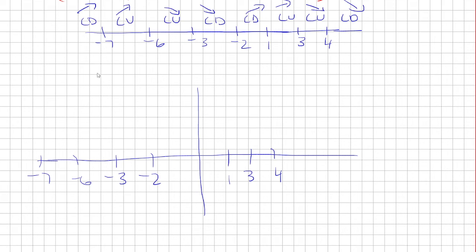So let's see, from negative infinity, we're increasing and concave down. From negative 7 to negative 6, we're still going to be increasing, but we're going to be concave up. Something like this. And at negative 6, we have a maximum because it changes from increasing to decreasing.